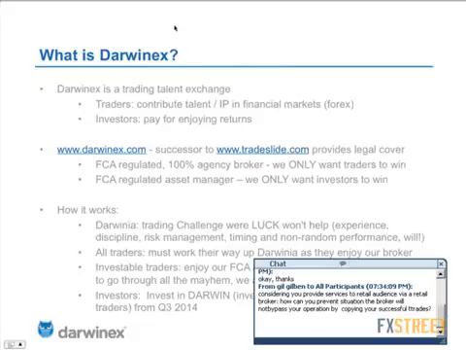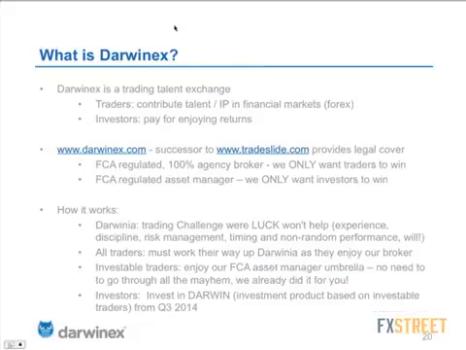Therefore, we feel confident in offering your skill to investors, which means the traders that trade with our broker, in addition to enjoying our execution, can choose to engage in this competition to work their way up the food chain, the Darwinia food chain, to become electable to investors.